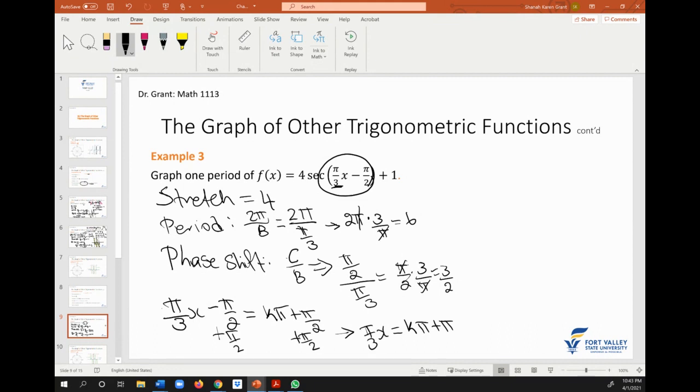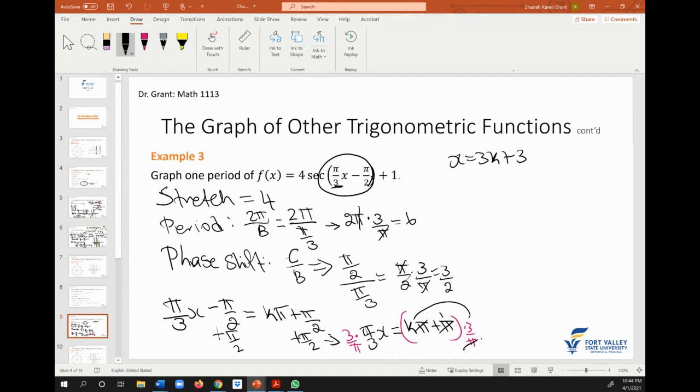Okay, so now what do I need to do? Well, I will multiply by the reciprocal of this, 3 over pi, on both sides. So what happens is both pi's are going to go away. So I'm going to be left with 3 times k is 3k plus, and this will give me a 1, so 3 times 1 is 3.